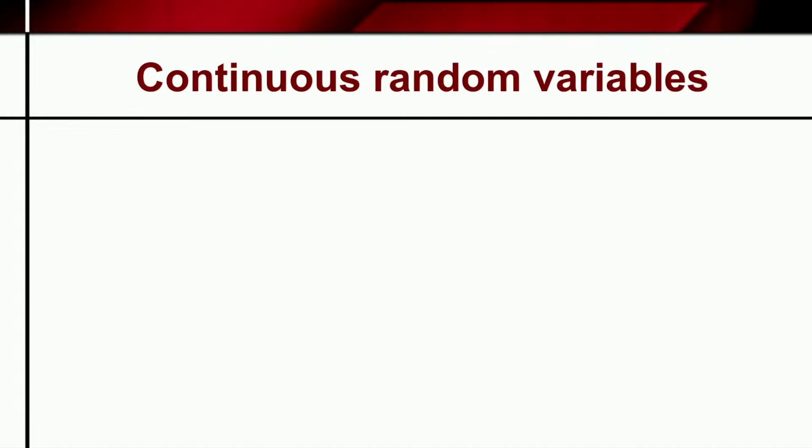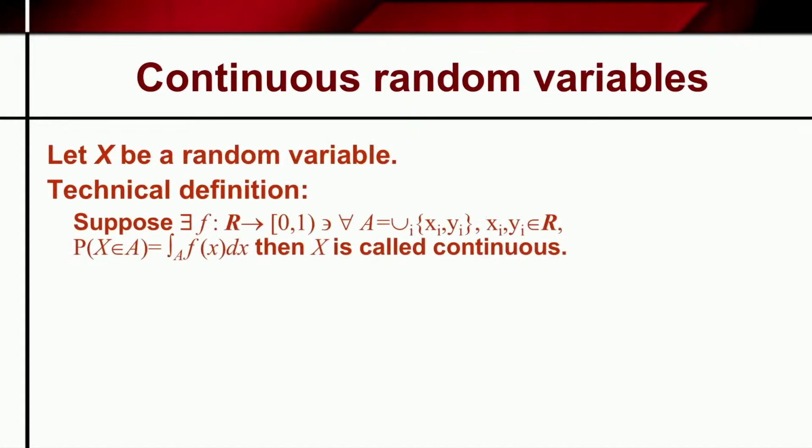In general, a continuous random variable is a random variable that has a continuous probability function. Now, that I wouldn't write down. This is the technical definition, but I'll read it to you because all those letters have meanings or symbols.